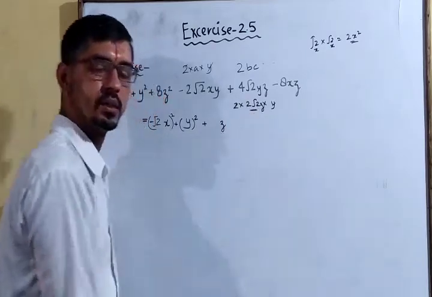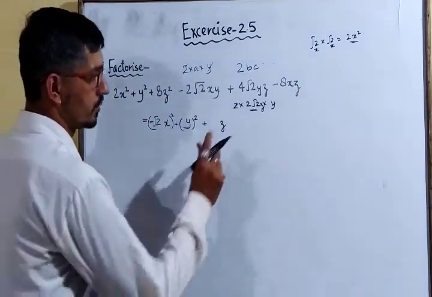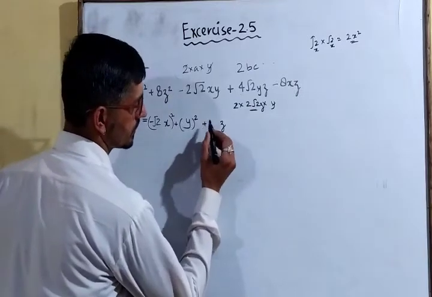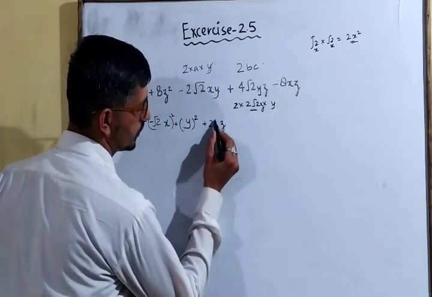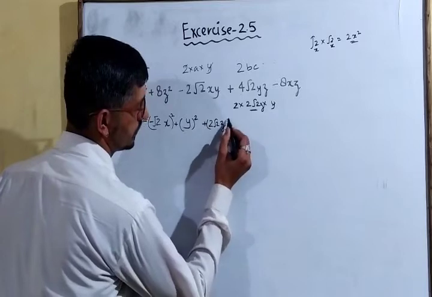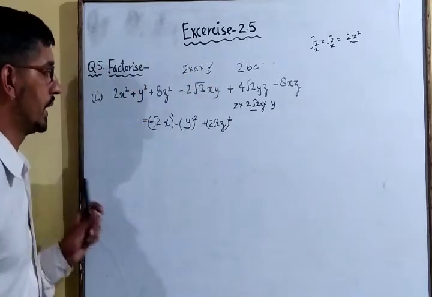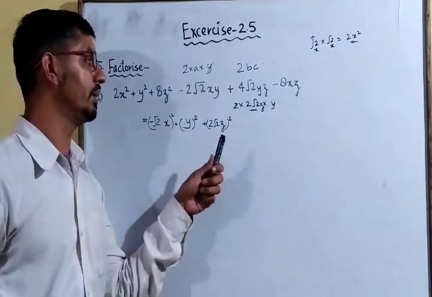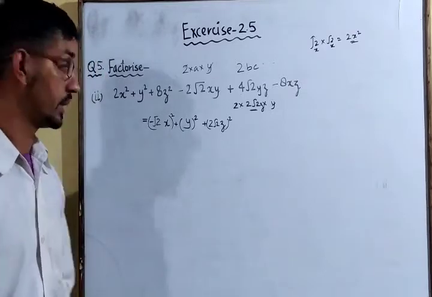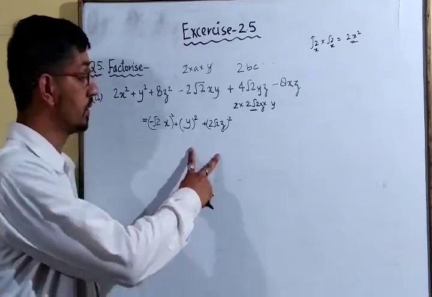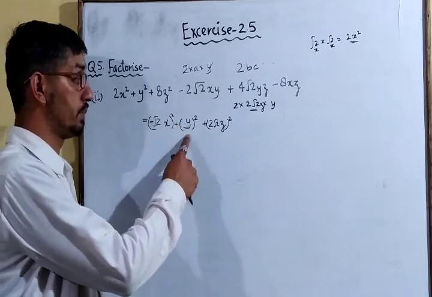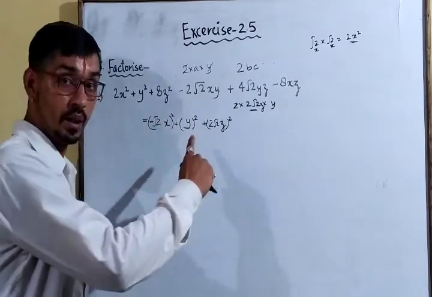What is this? c. Okay, so we have c now. So in place of c you will write 2 root 2 to the power 2. Now we have a, we have b, we have c. So it is making a square of a plus b plus c to the power 2.